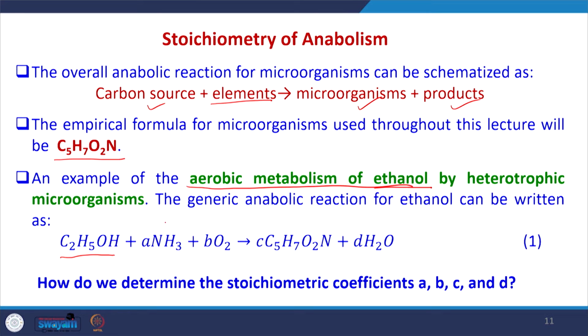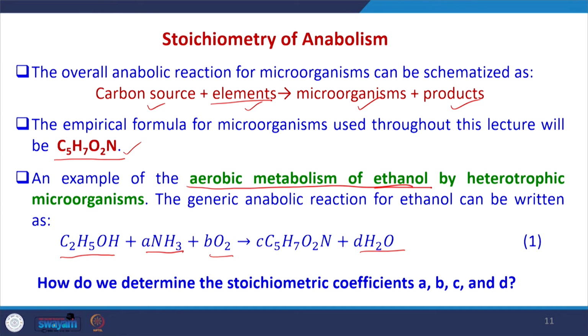The key element which is generally required is nitrogen. So, for nitrogen we are taking ammonia, and oxygen is also required, so that we can get this particular microorganism formed, and we have water which gets released. So, we have this reaction which is written here.